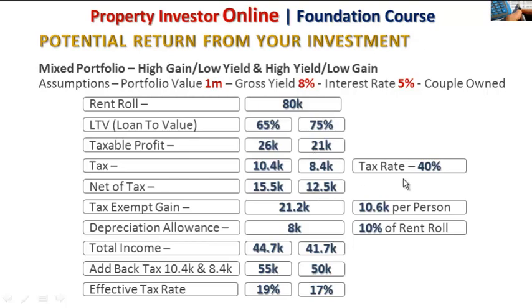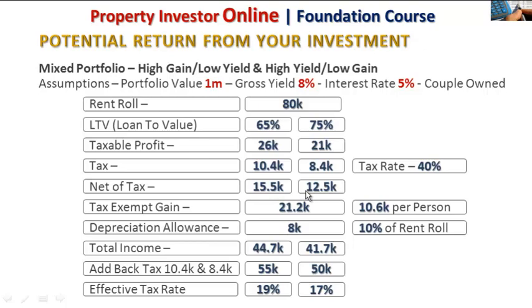I've set the tax rate at 40% for the couple, and the result is that the tax on the £26,000 income is £10,400, and the tax on £21,000 is £8,400. This gives us a net of tax position of £15,500 at 65% loan to value, and £12,500 at 75% loan to value.